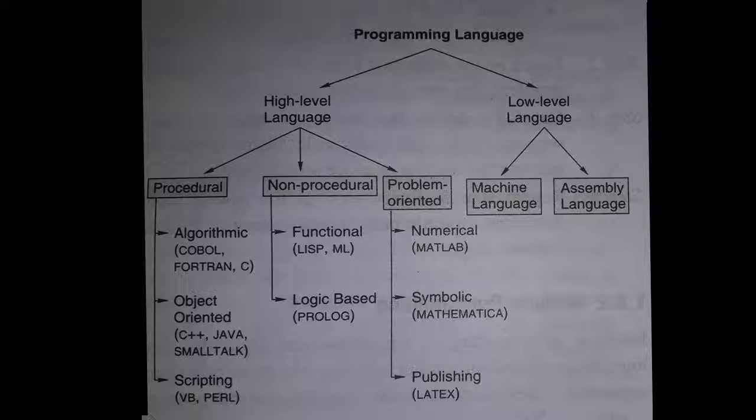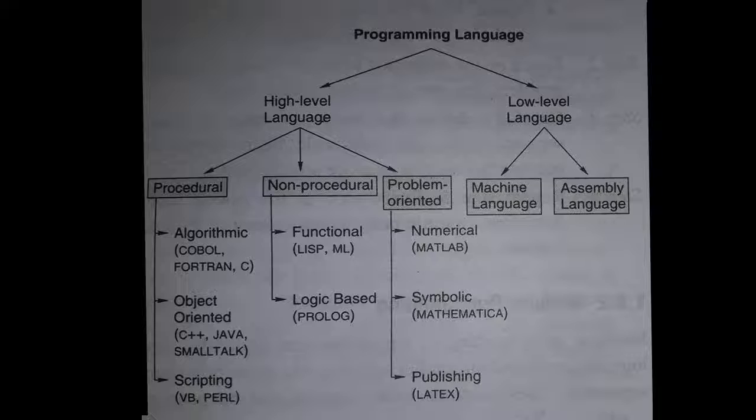For example, the scripting language Perl, its package has a function written to do addition. So what you add in your program is the sum of 2 plus 3. Then it will go to the package of Perl and fetch the pre-written program of addition, and it will do the addition and give you the output.